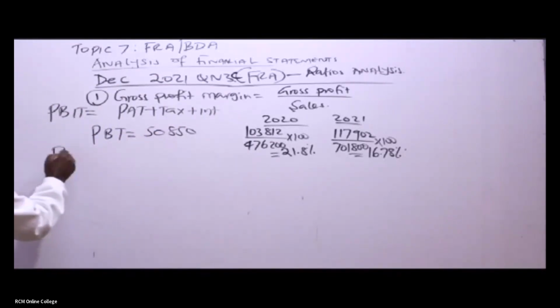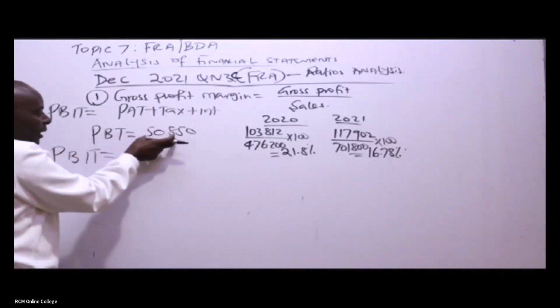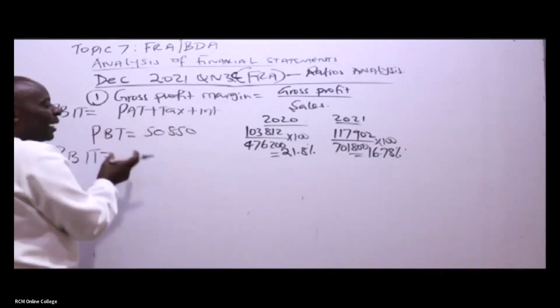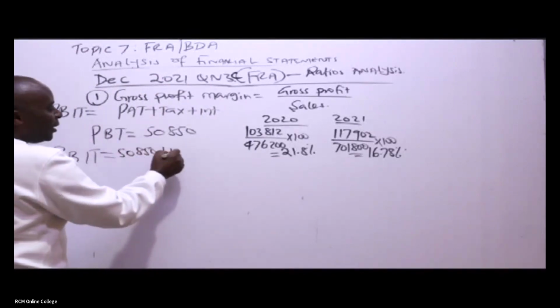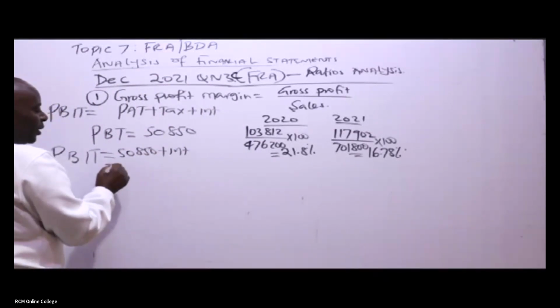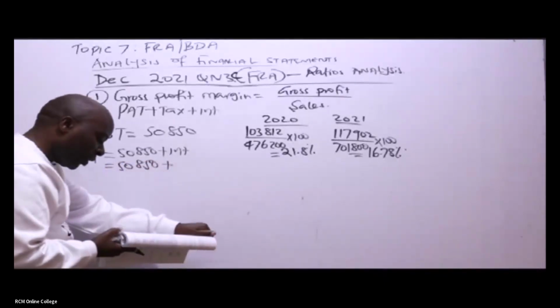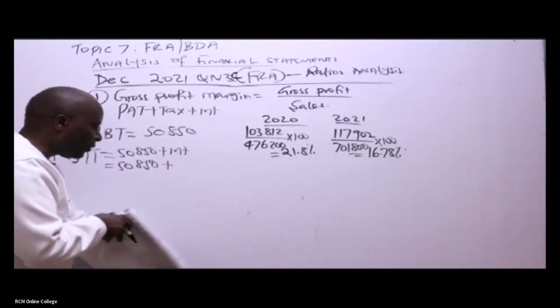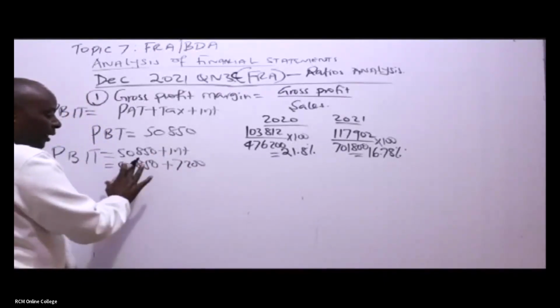And then I want to get PBIT. Then I remember as a finance student that this is after interest. How do we convert it back to PBIT? Very easy. Add the interest to it. And interest is the same as finance cost. So the finance cost there is 7,200.